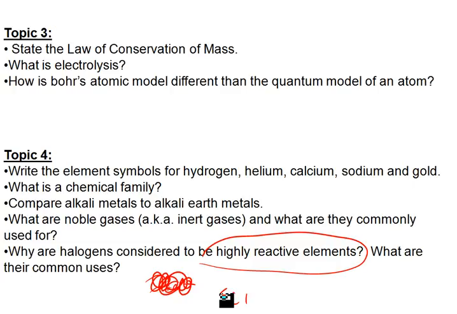Something like chlorine, where we've got 2 and then their outer valence is just missing 1 electron to be full. And so what that means is it likes to react with substances to fill its valence. And I talked about their common uses already.